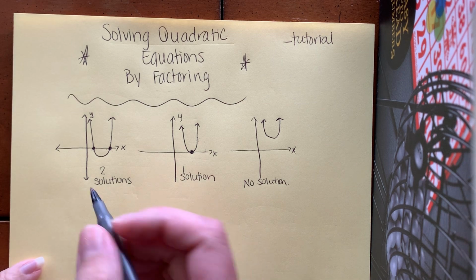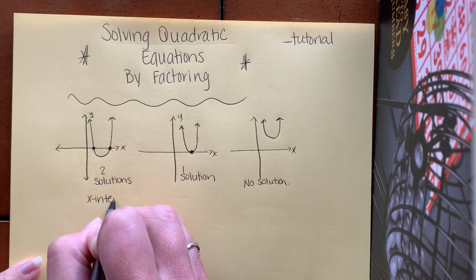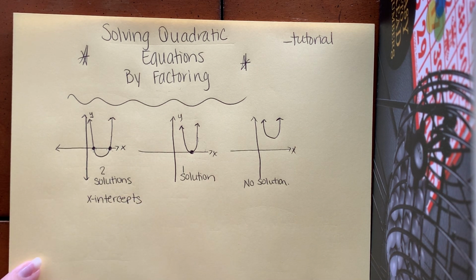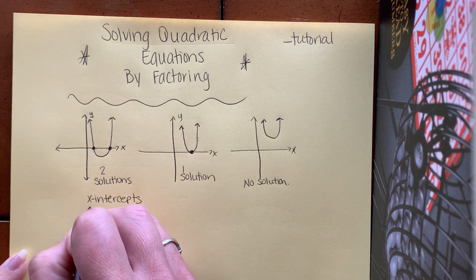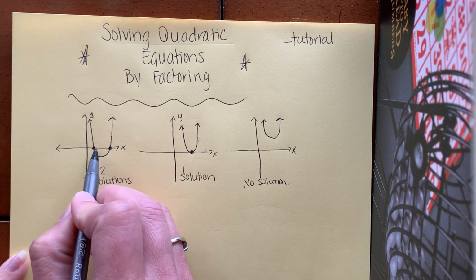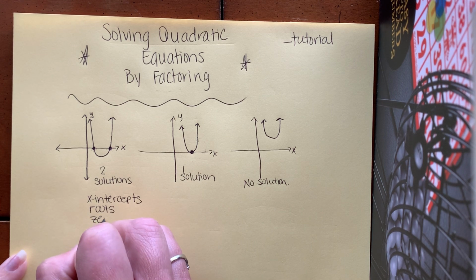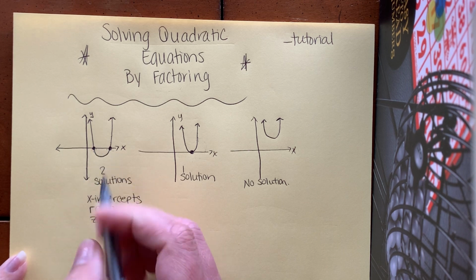Please know that these points here are called x-intercepts. This is super important because every textbook, worksheet, quiz, test, internet source, they call them different things. You can call them x-intercepts, you can call them roots. Think about a tree. This is the ground. The roots start here, so that's why maybe they call them roots. Zeros, they're called zeros because your y value is a 0.